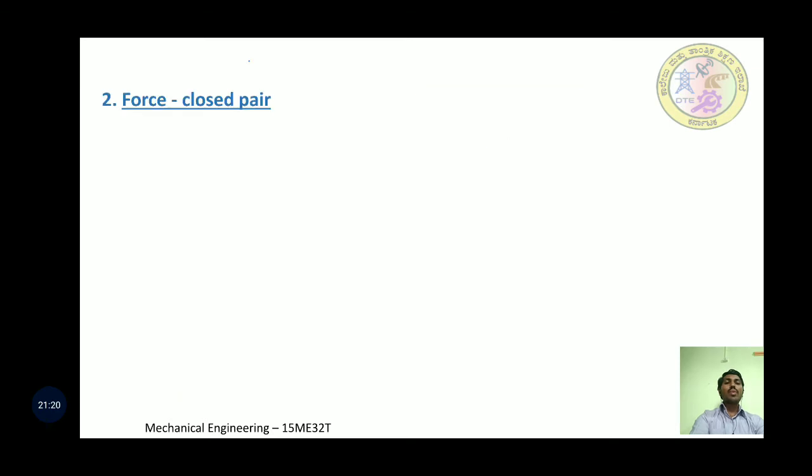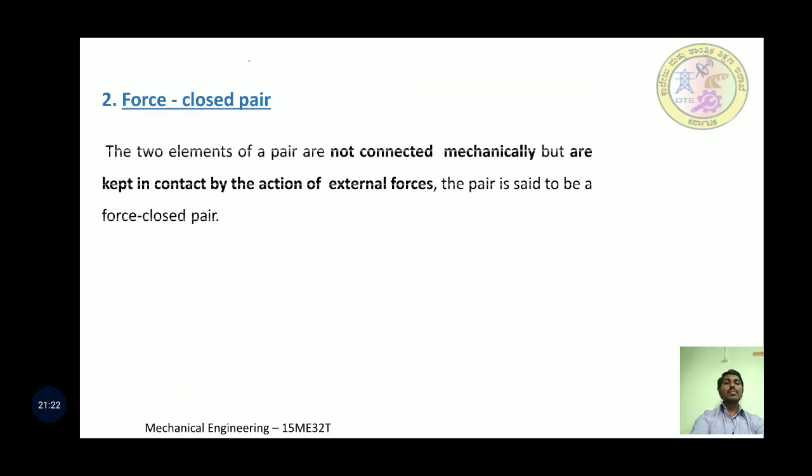What is a force closed pair? The two elements of a pair are not connected mechanically but are kept in contact by the action of external forces. Means some force is applied to make them contact. So the pair is said to be a force closed pair.